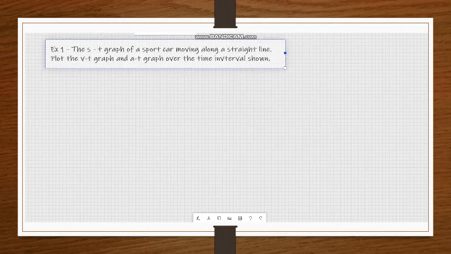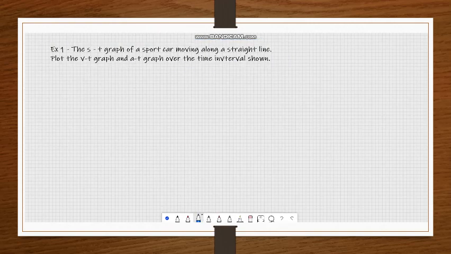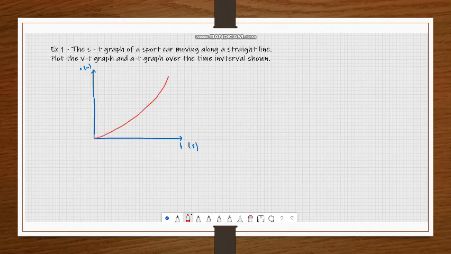Let's draw a position and time graph. This is time, in seconds, and the position is in meters. Our curve on this position and time graph is a parabola.